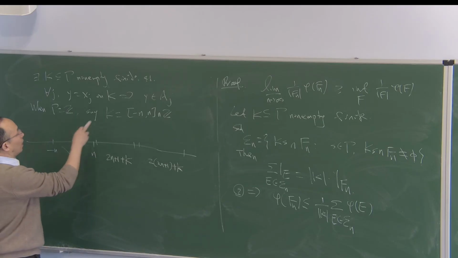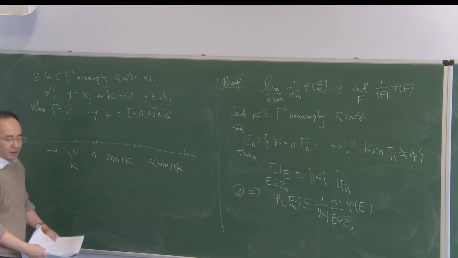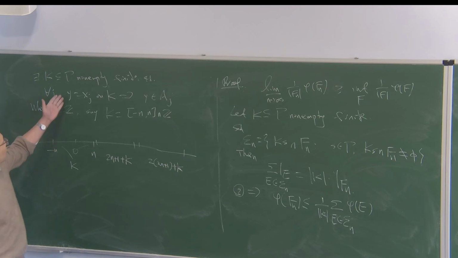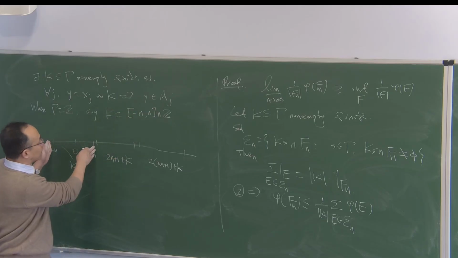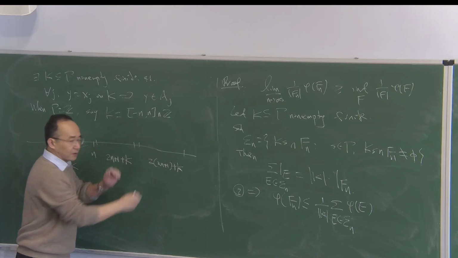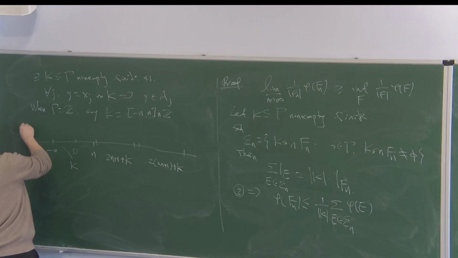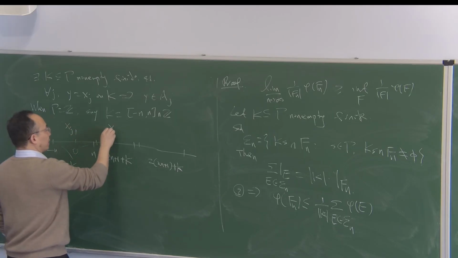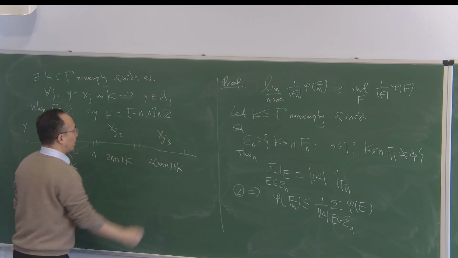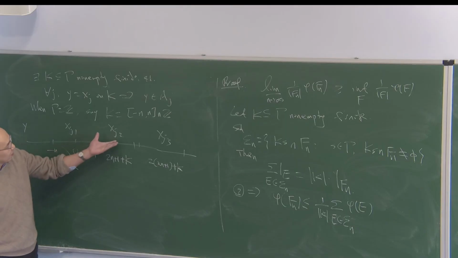Now you want to specify y to be inside of Aj. Say on this part it is in Aj1, this part is in Aj2, this part is in Aj3. So what we need to do is take y to be the same as xj1 here, xj2 here, and xj3 here.